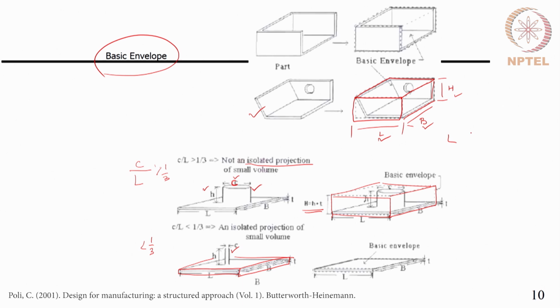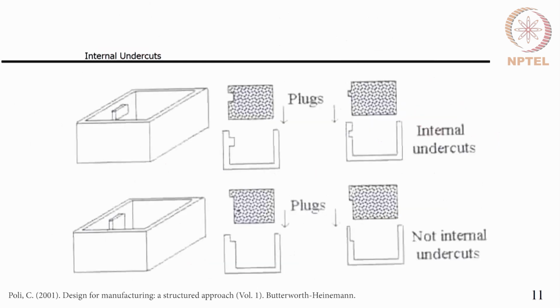So, we arrange them in descending order. So, L is the largest dimension and H is the smallest dimension. Both are used in choosing CB.